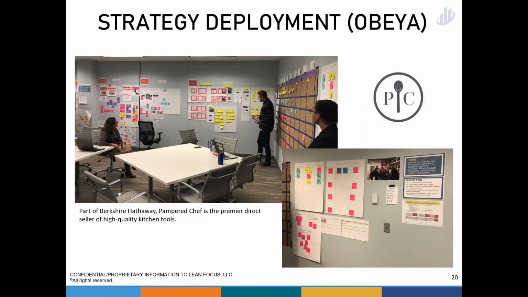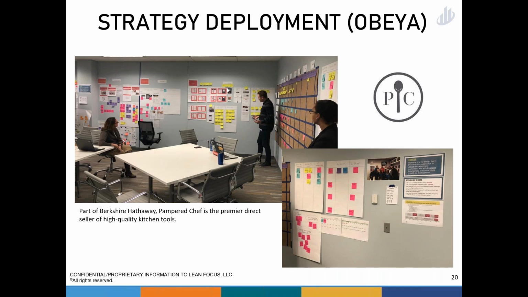Okay. So for strategy deployment Obeya, this is an actual example of work we did with Berkshire Hathaway, the Pampered Chef business, which I know well because I have 2 daughters who like to cook a lot, right? But that business went through a lot of transformation work, particularly as part of Berkshire Hathaway, to figure out where and how to grow, right? What is our strategic plan?